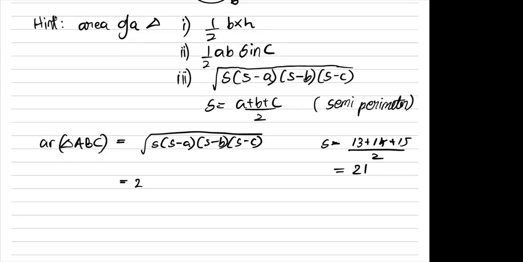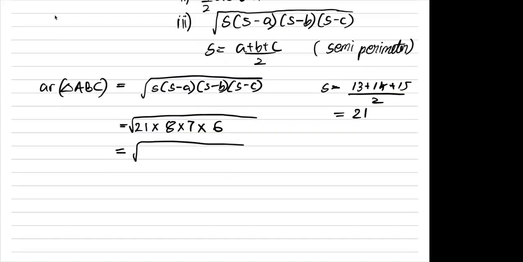And this becomes root of 21 times 21 minus 14, 21 minus 13, 21 minus 15, which is 8 times 7 times 6. If you see, this has 7 square, 3 square, 2 to the power 4, which makes it 7 times 3 times 2 square, or 84.